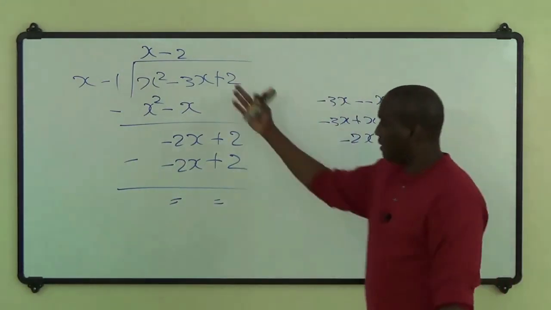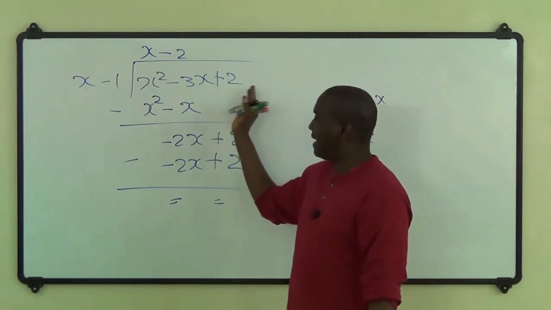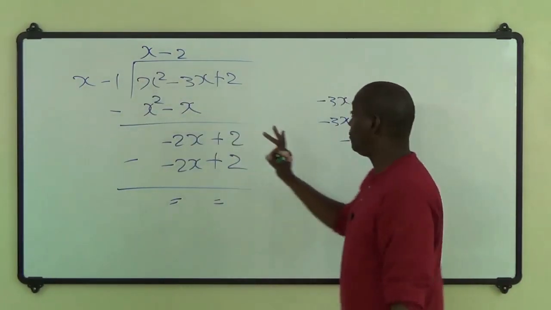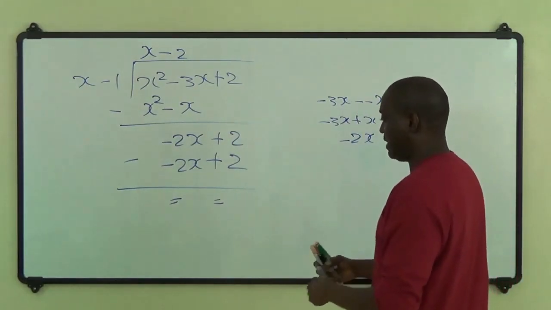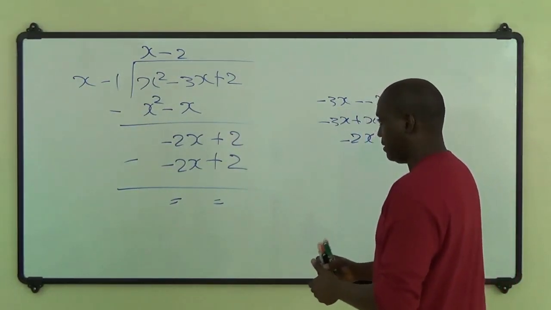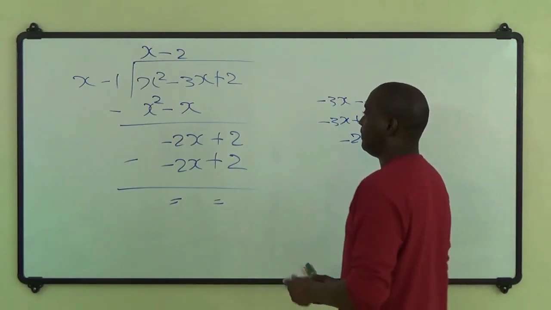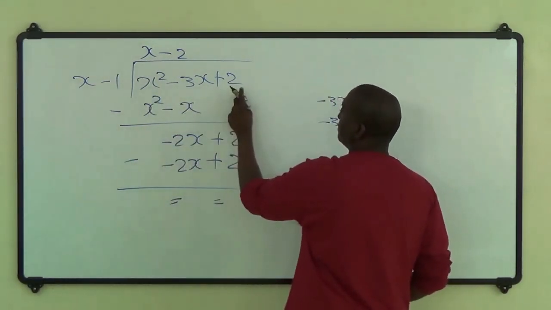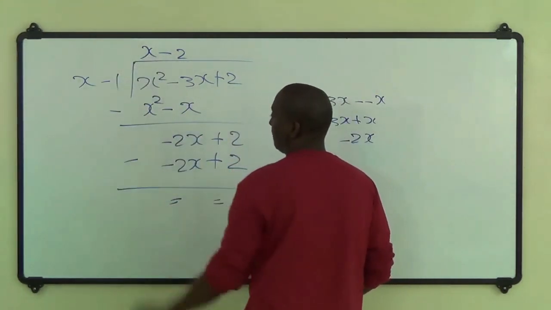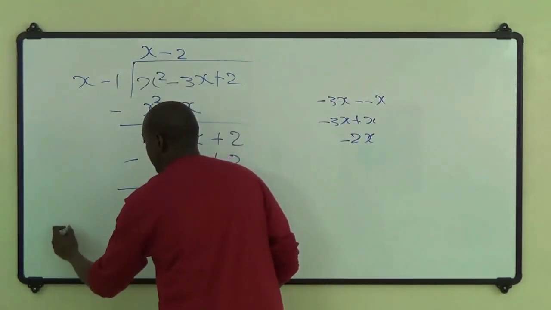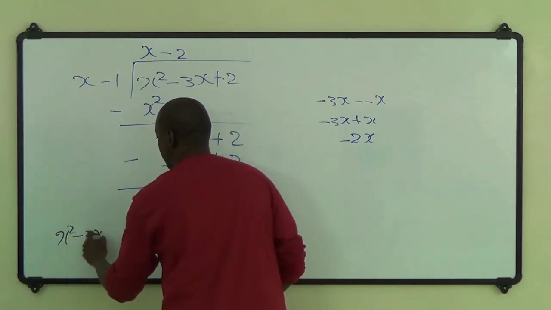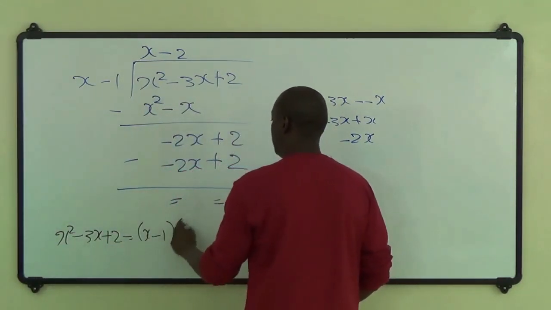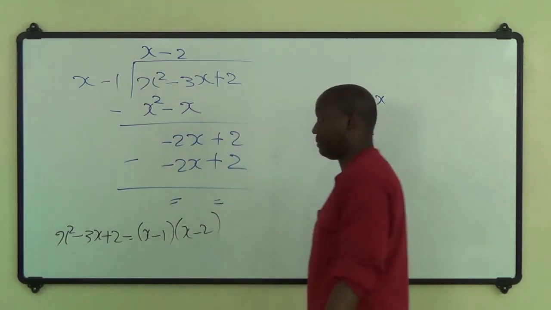So you have an example here where you divided x squared minus 3x plus 2 by x minus 1, and you get x minus 2. Which is a nice way of saying that if you wanted to factorize this using long division, you would get that x squared minus 3x plus 2 is equal to x minus 1 into x minus 2.